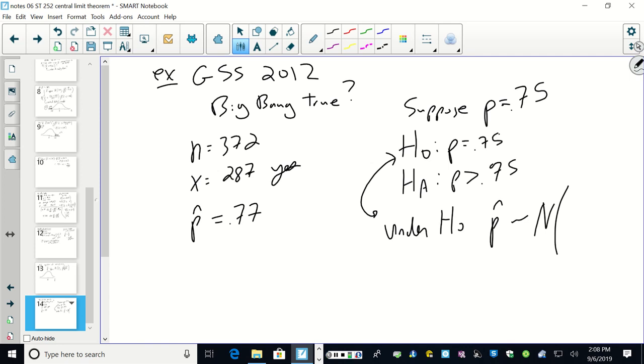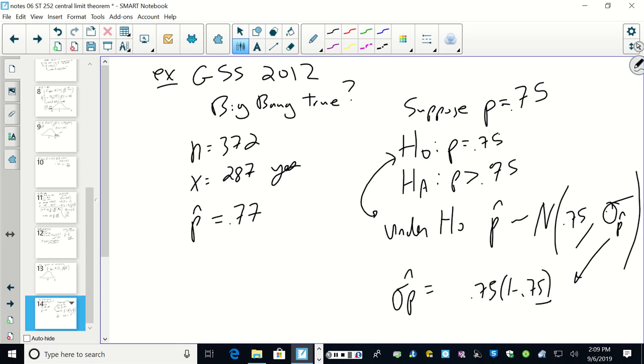If this is true, then the average value should be 0.75. And as well, the standard deviation. I'm just going to put a sigma here for p hat. The sigma for p hat is the square root of p times 1 minus p over n, so 0.75 times 1 minus 0.75 over n, which was 372 here.